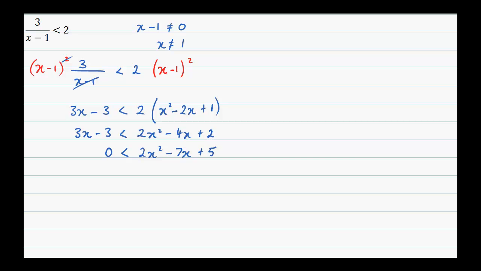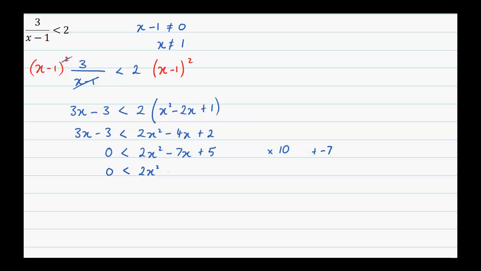Now I need to factorize this quadratic. So remembering that I'm trying to find two numbers that multiply to give positive 10, because of the 2 times the 5. So multiply to give positive 10, and add to give negative 7. So my two numbers will be negative 5 and negative 2. Now you may factorize this differently, but for me, I get 2x squared.